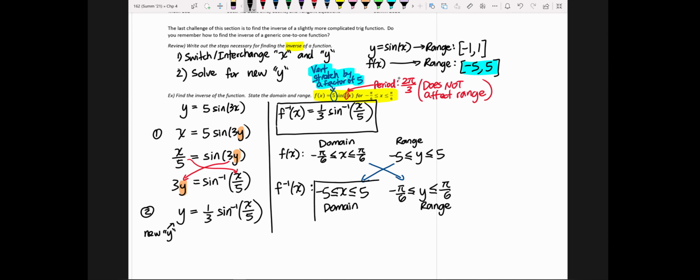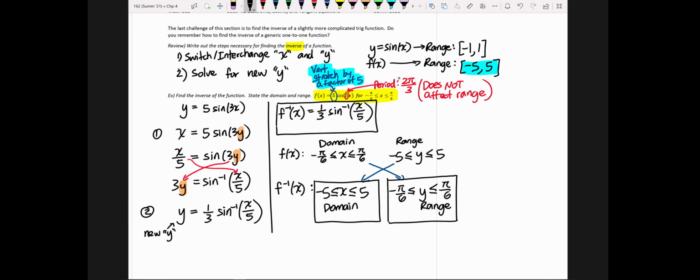Okay. Yes. So when we are discussing inverse, inverse means inputs and outputs switch. Therefore, the domain and range for f inverse are going to be the range and domain for f.